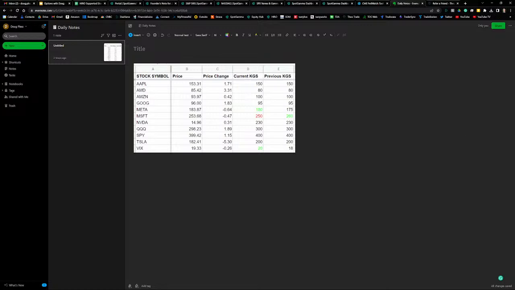I color code these: green if it increased, red if it decreased from the previous day. And one thing to note here is this is the VIX, and the current key gamma strike increased. So it looks like traders were buying calls in the VIX yesterday. Calls or call spreads.